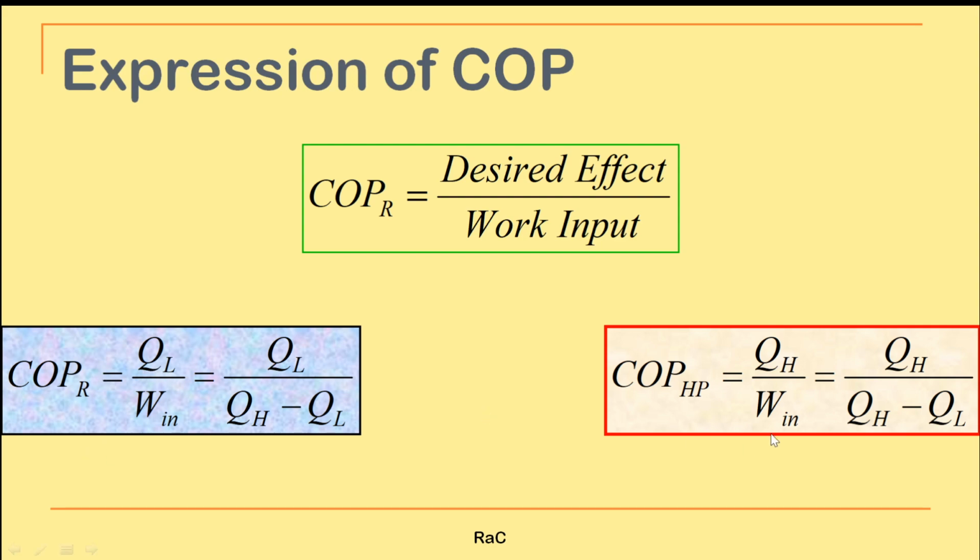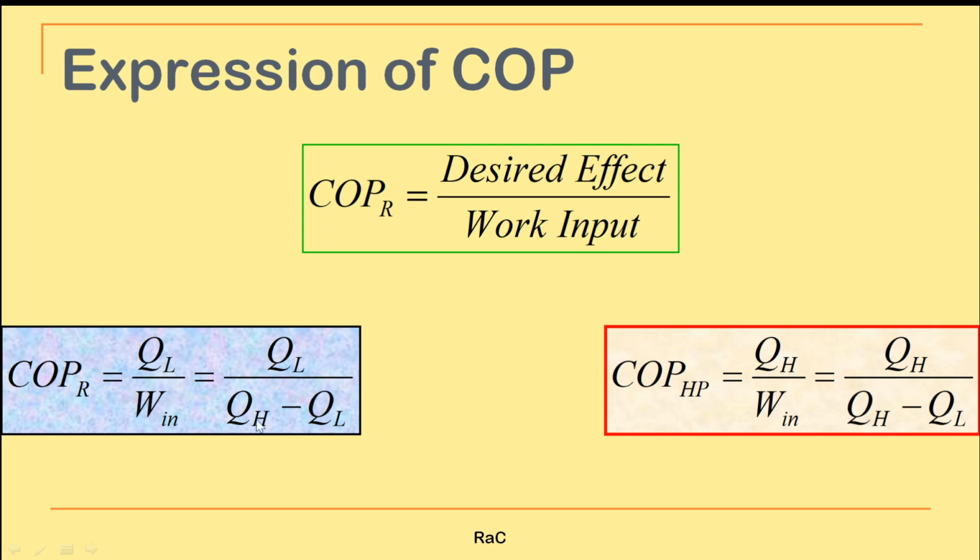In a heat pump, how much thermal energy it can deliver to the high temperature reservoir matters, and in a refrigeration system, how much energy the refrigeration unit can absorb from the space to be cooled matters. That is QL, the amount of energy absorbed from the low temperature reservoir. On the other hand, in a heat pump it is how much energy is rejected to the high temperature reservoir. So COP of a refrigerator is QL by WN, where WN is the work input.